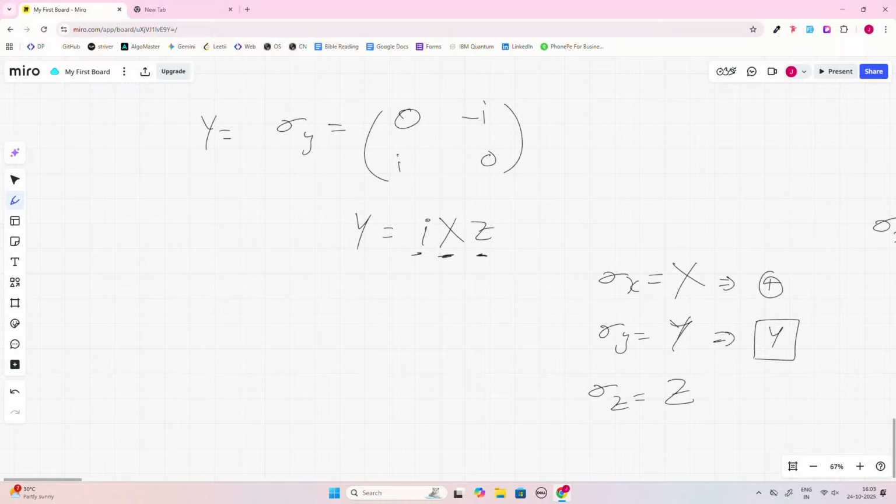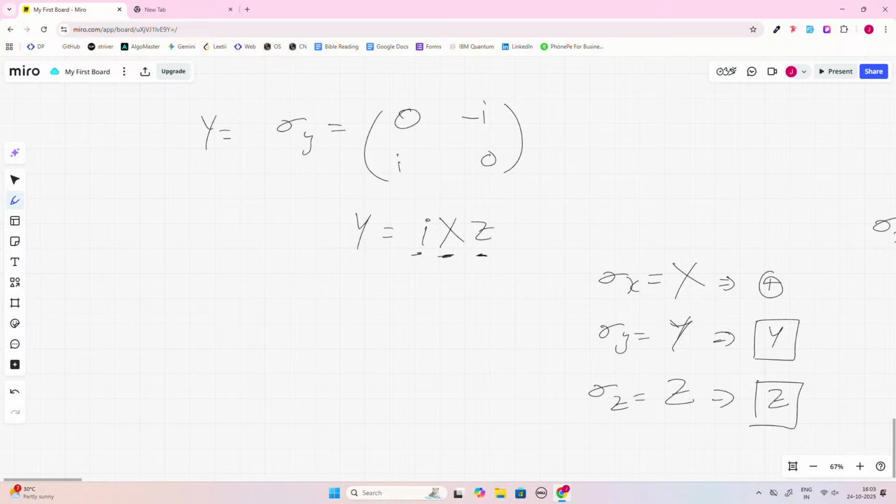So these are the three most important gates. What are they? Pauli X matrix, which gives me the X gate, Pauli Y matrix, which gives me the Y gate, and Pauli Z matrix, which gives me the Z gate. Understood? Symbolically, this is Y only, and this is Z only.